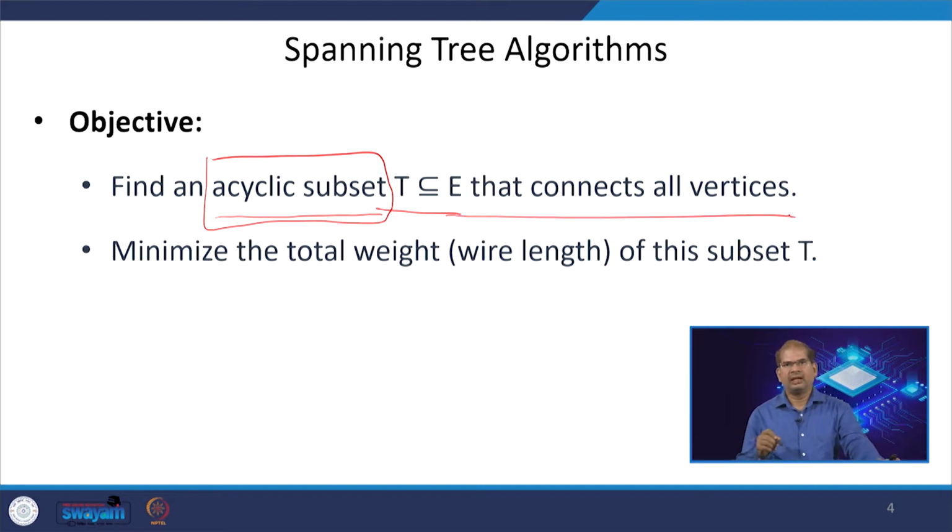We need to find an acyclic subset that connects all the vertices, and the second objective is to minimize the total wire length, or the weight of the wires, of the subset T. So, indirectly we are finding a minimum spanning tree.